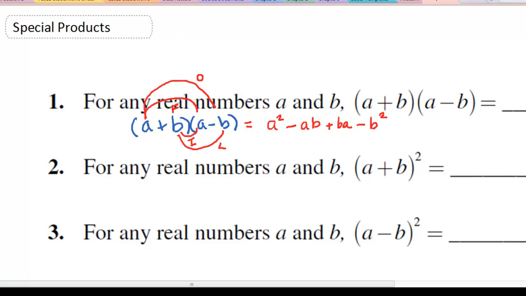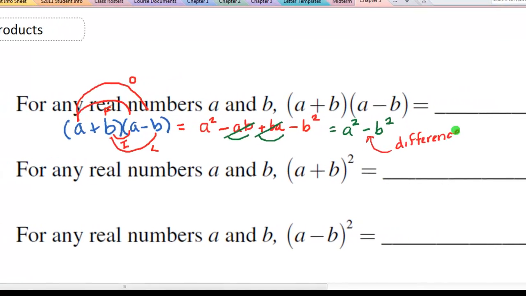So what I want you to see here is that these two middle terms, the negative ab and the positive ba, they cancel. And so what you're left with when you multiply these two binomials is a squared minus b squared. So what you're left with here is a subtraction. So we call that a difference because you have that subtraction sign.